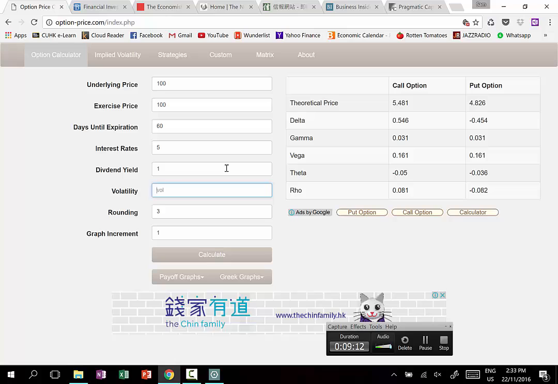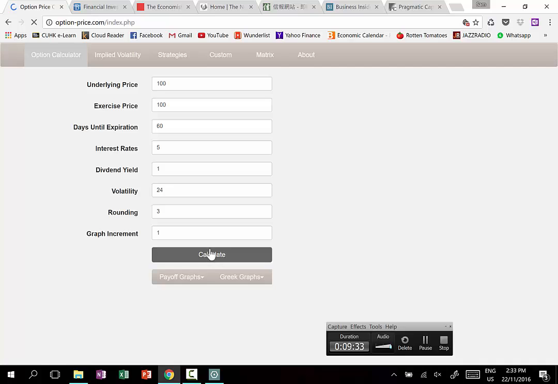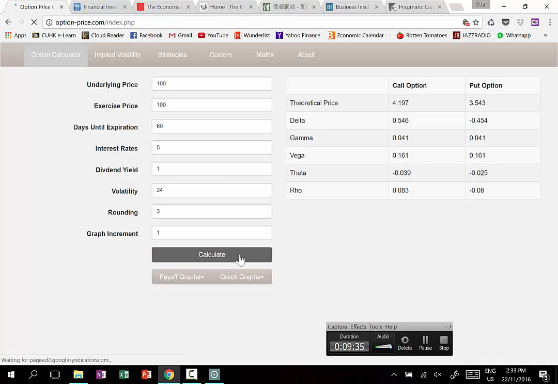Alternatively, the market may actually start pricing the option with a much lower vol. So let's say 24. Now, the price now is 5.48. The moment the market starts pricing at a vol of 24, your option price will drop from 5.48 to $4.20.